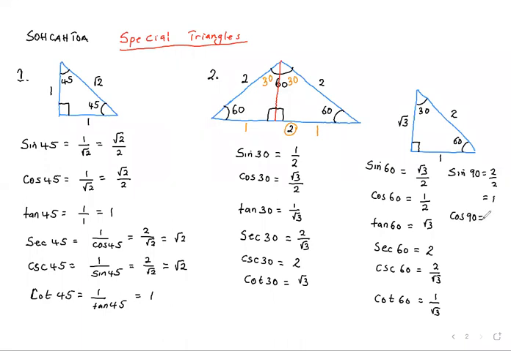Cos 90 is adjacent over hypotenuse. The adjacent is 0. The hypotenuse is 2. So we get 0. So we have sine 90 is 1, cos 90 is 0.